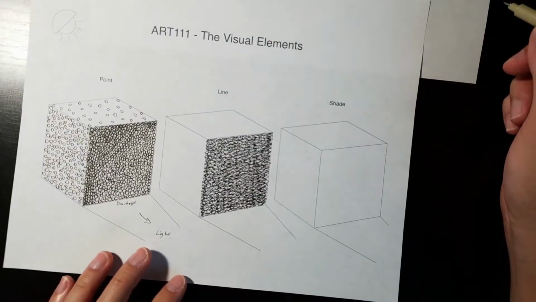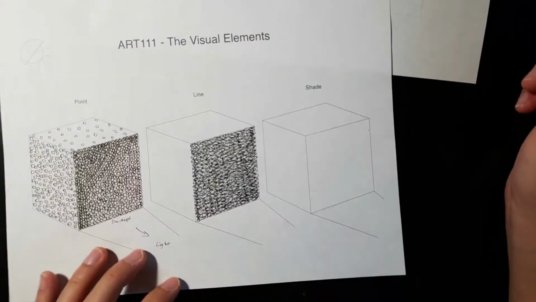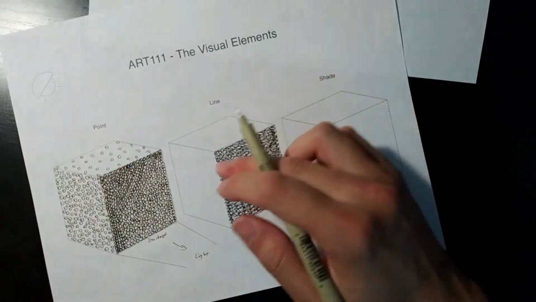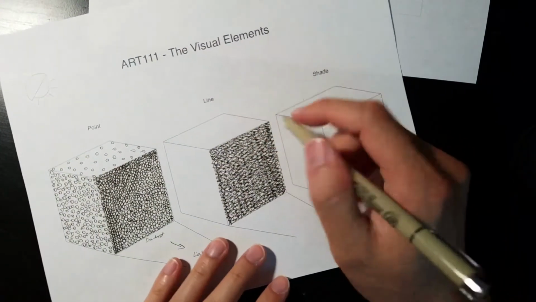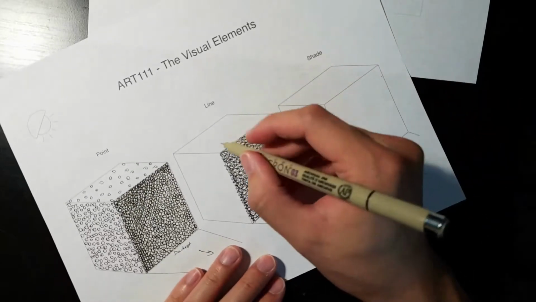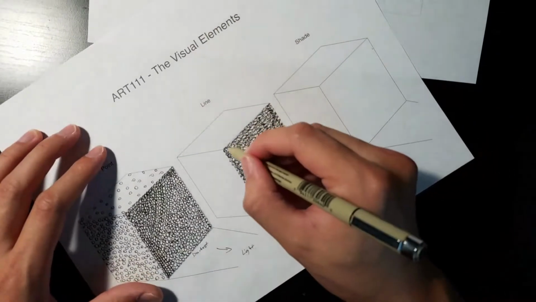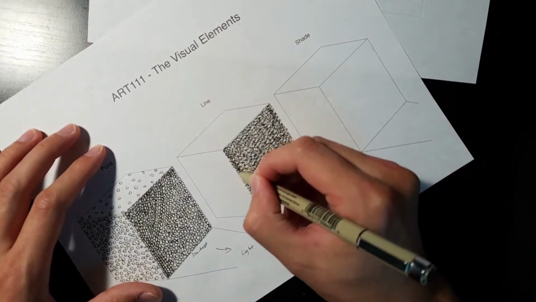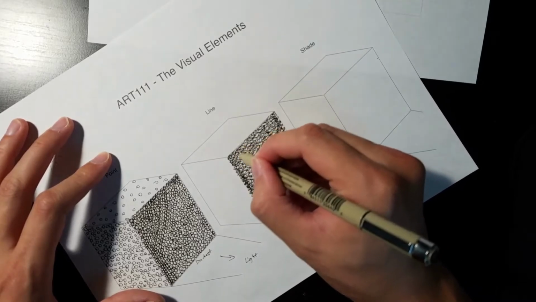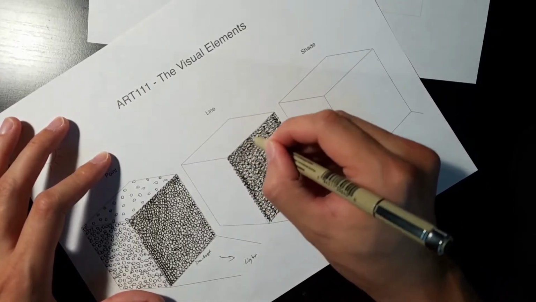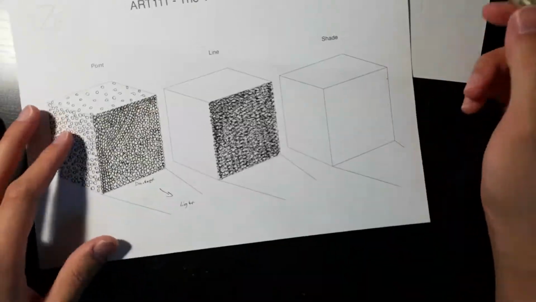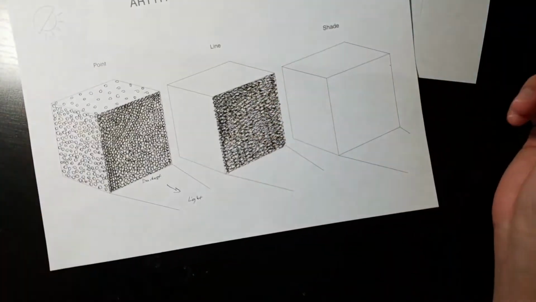Okay, that looks good. But usually, even within one shade of the cube, this area right here is always the darkest. The reason, don't ask me. That's how I learned how to draw a cube when I was a student. That looks good.